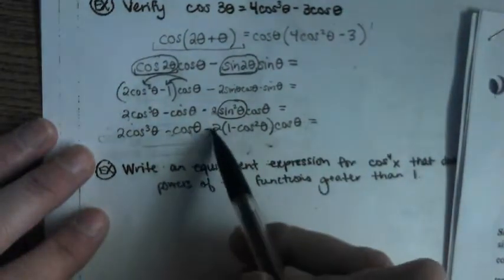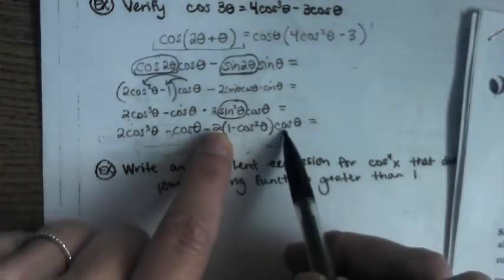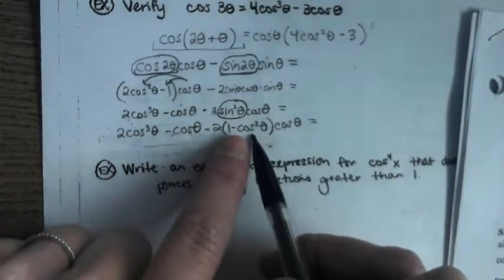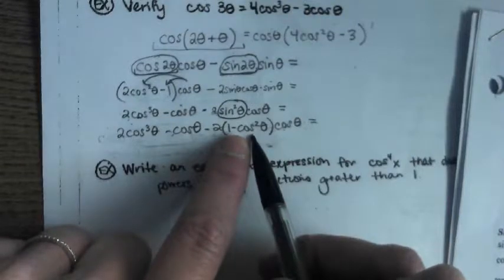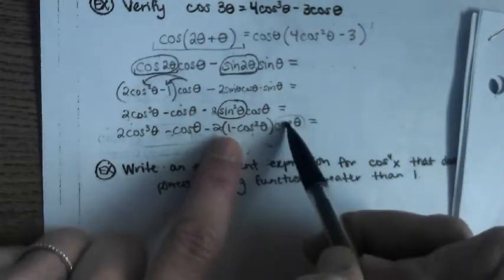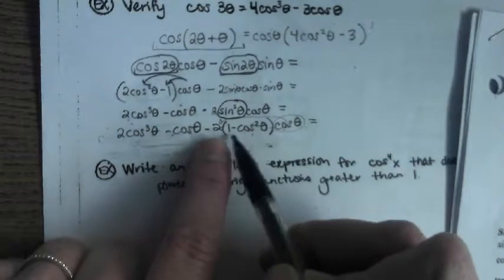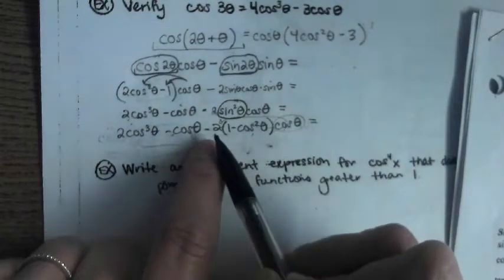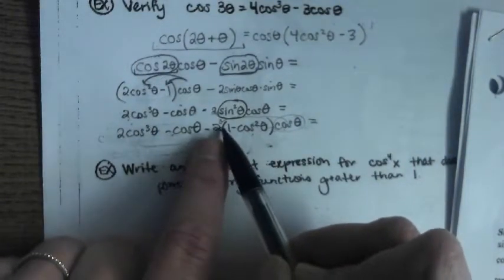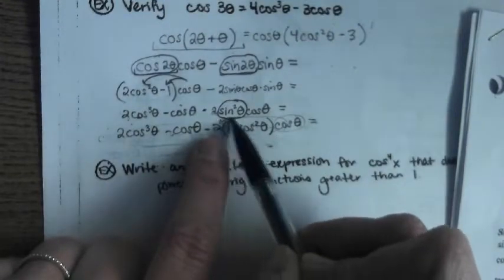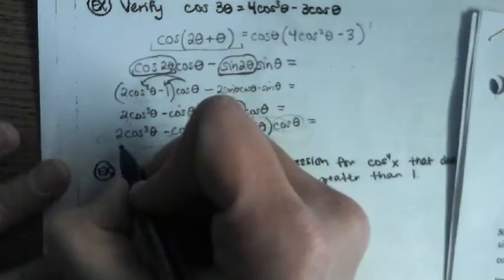And then I can distribute the minus 2 cosine theta to this set of parentheses. Are we good with that? I could rewrite this cosine in front of the set of parentheses to make that clear, but for the saving of space, I'm just going to distribute negative 2 cosine theta to the 1 and to the cosine squared.